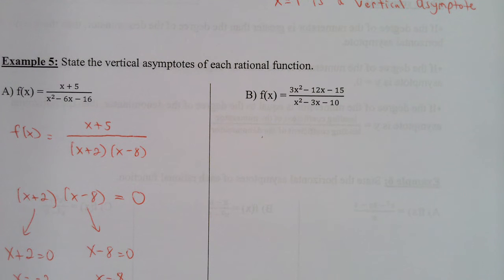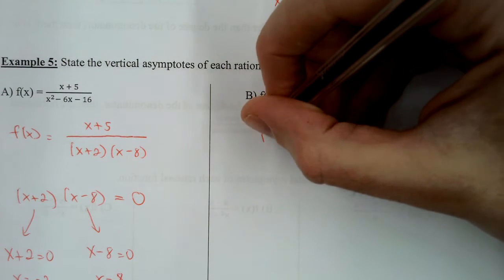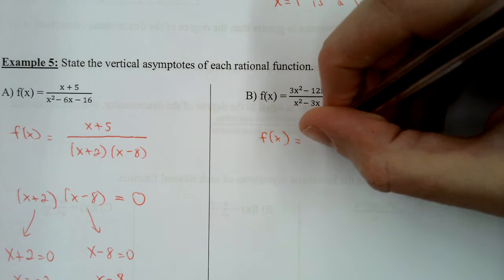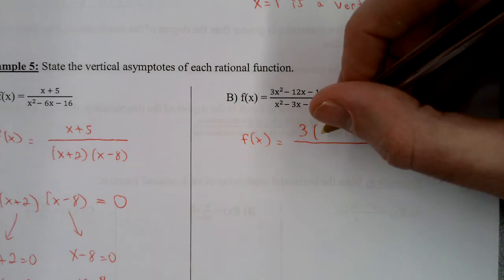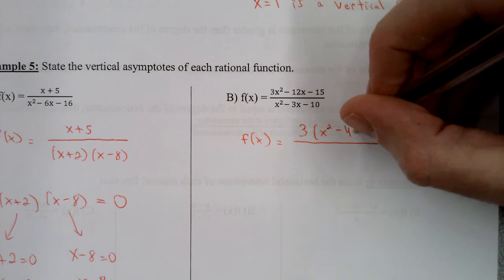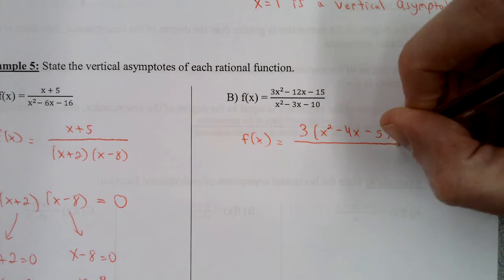Okay, example 5b. Again, step 1 above says factor if necessary, eliminate the common factors. So factoring the numerator that has a GCF of 3. So you factor out the 3, leaves you with x squared minus 4x minus 5.